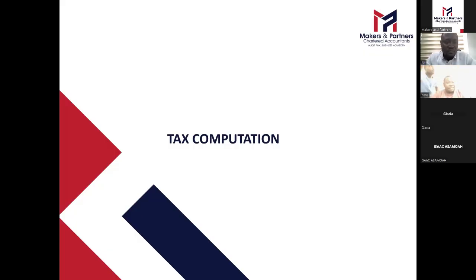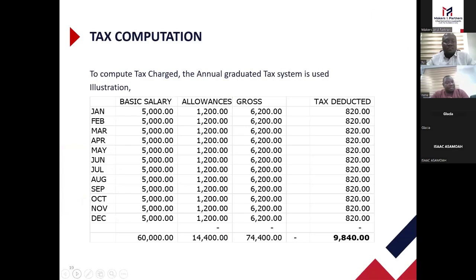But the challenge has always been when you prepare the financial statement and GRA rejects it, because GRA is one of the key stakeholders that ensure that you prove to them that the financial statement is actually free from any material misstatement.